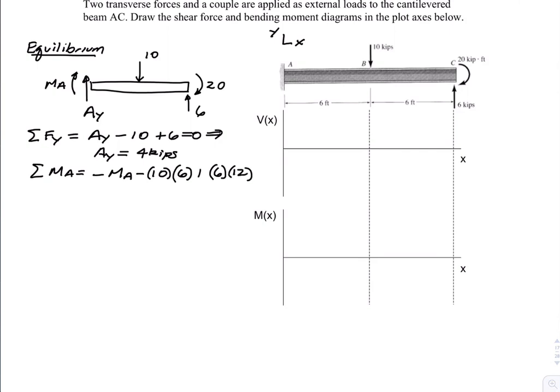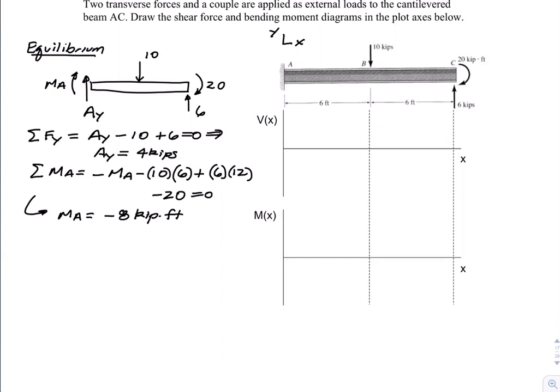It's got a plus sign, and then the couple there on the right side is going to be a minus 20. For equilibrium, that is a 0. From that equation, I get that the bending moment there at the wall is a minus 8 kip foot bending moment. Okay, so that gives us our reactions.